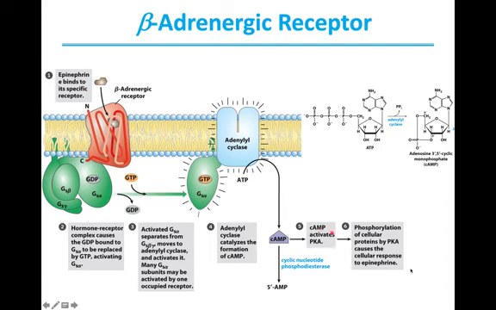Cyclic adenosine monophosphate activates protein kinase A, which further activates other enzymes through phosphorylation of cellular proteins. And this causes cellular response to the epinephrine molecule that originally interacted with the beta adrenergic receptor.